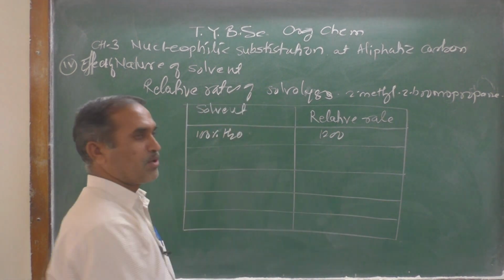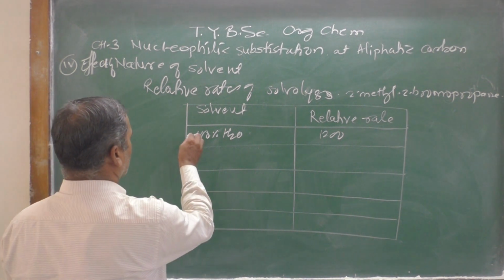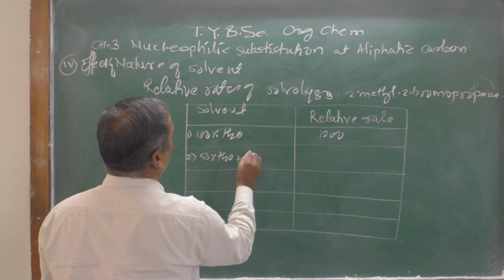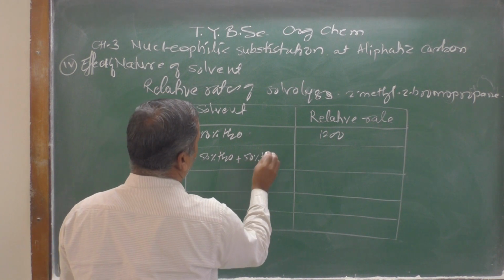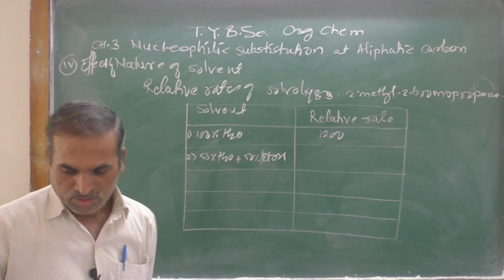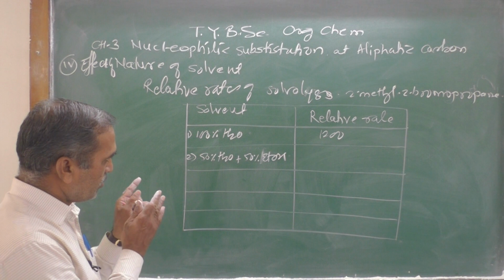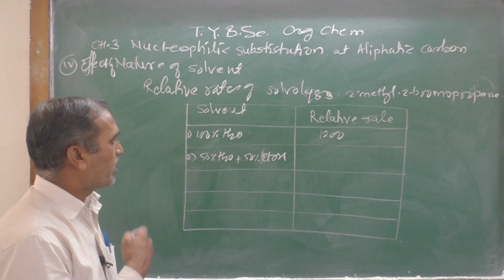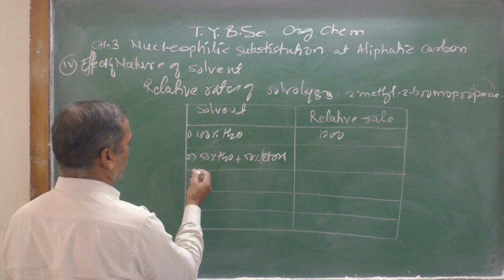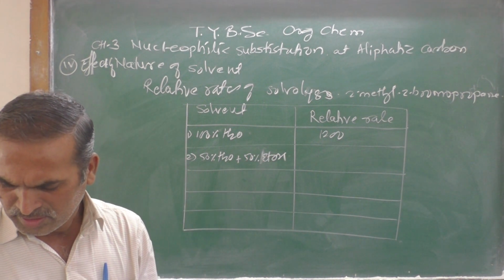Second, 50% H2O plus 50% ethanol, EtOH. Both are polar solvents, but the polarity of this solvent is less compared to water, because water has a high dielectric constant, whereas ethanol has a small dielectric constant, and the rate is found to be, I think, 60.